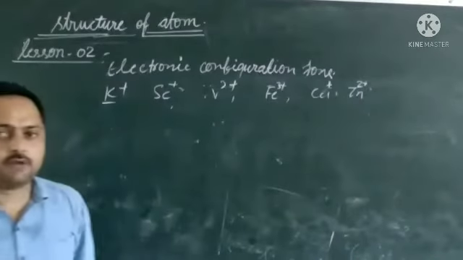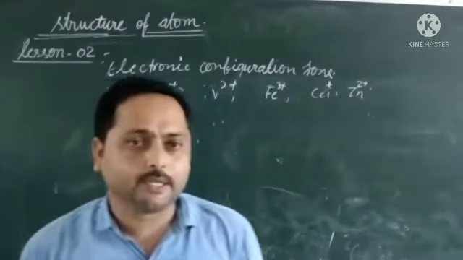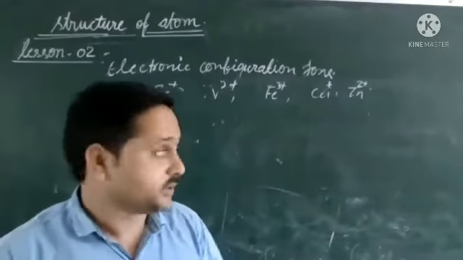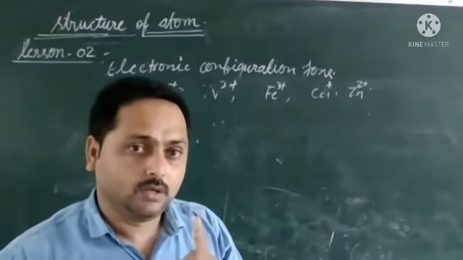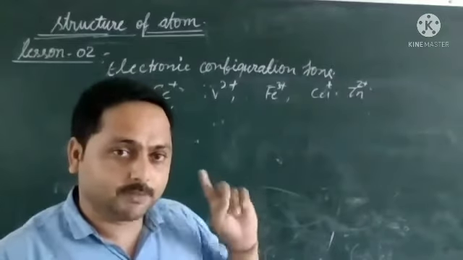These are the positive ions for the unit, and you have to write the electronic configuration of these ions and send it on my WhatsApp. Remember it. I want everybody's response.